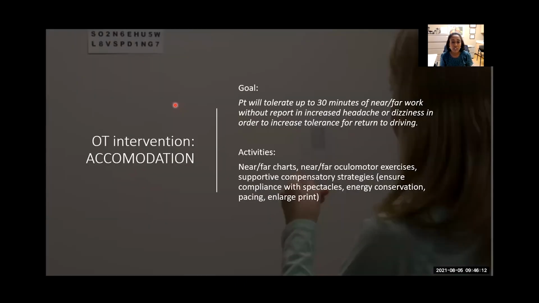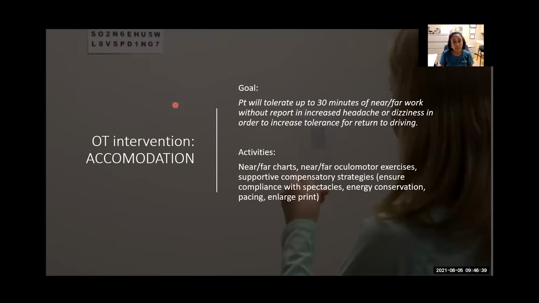So accommodation. This photo is not a photo that I took. This is actually from a website called Bernell.com. I don't have that written here, I apologize. But it is a website where they have a lot of vision rehabilitation activities, some of which are able to be purchased from the public.